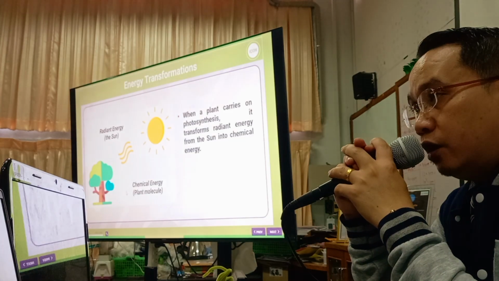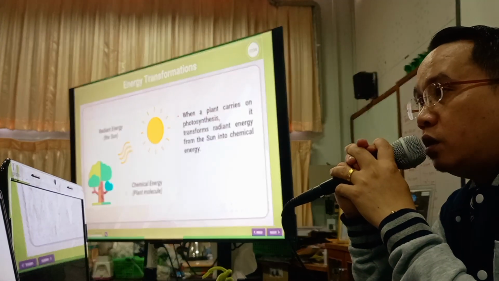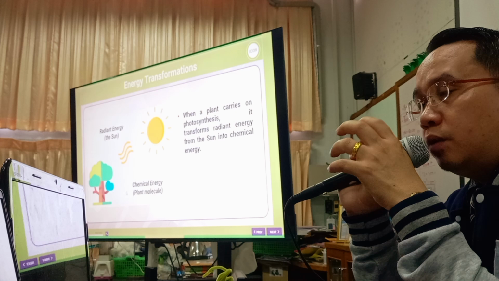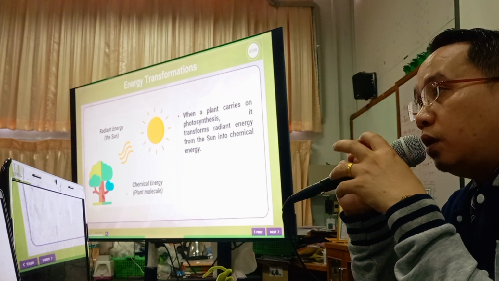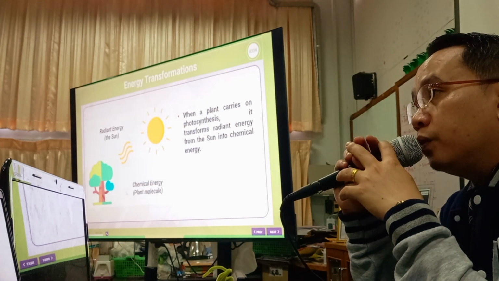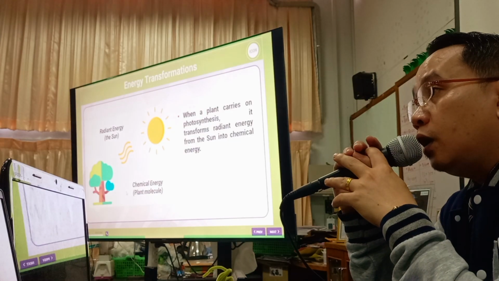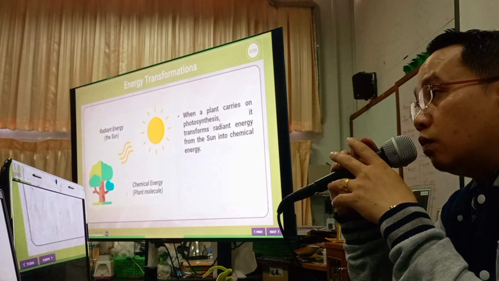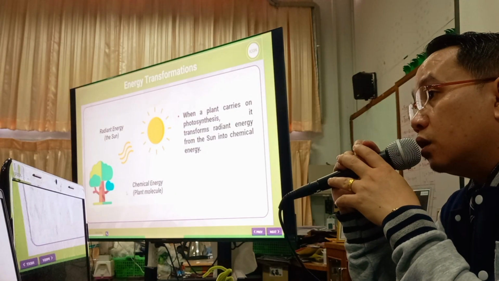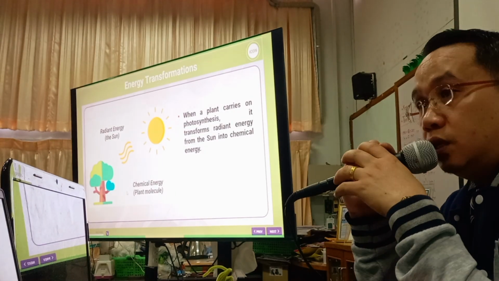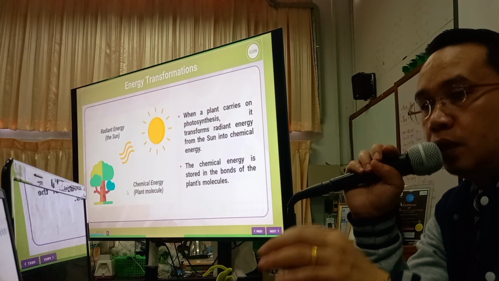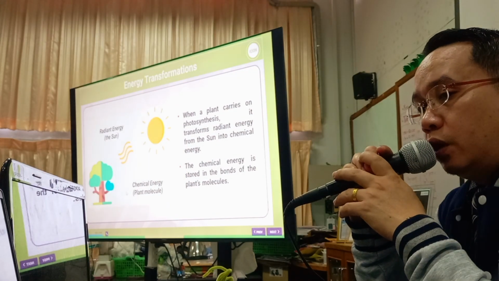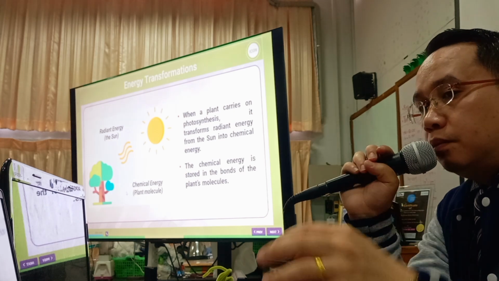The chemical energy goes to plant molecules to absorb nutrients and minerals, processed with the green pigment we call chlorophyll. After that process, plants give off oxygen, it could be water as well, and of course the glucose, or food. So the chemical energy is stored in the bonds of the plant molecules.